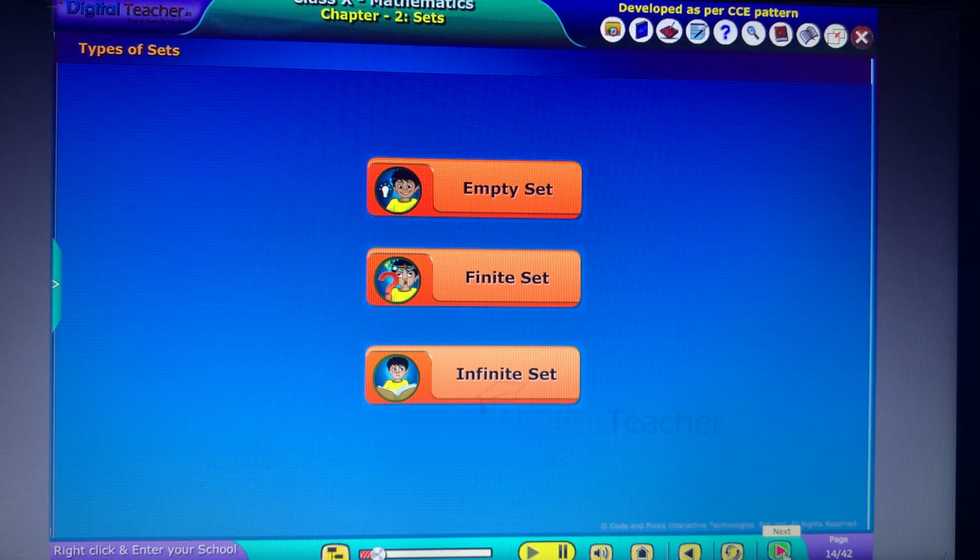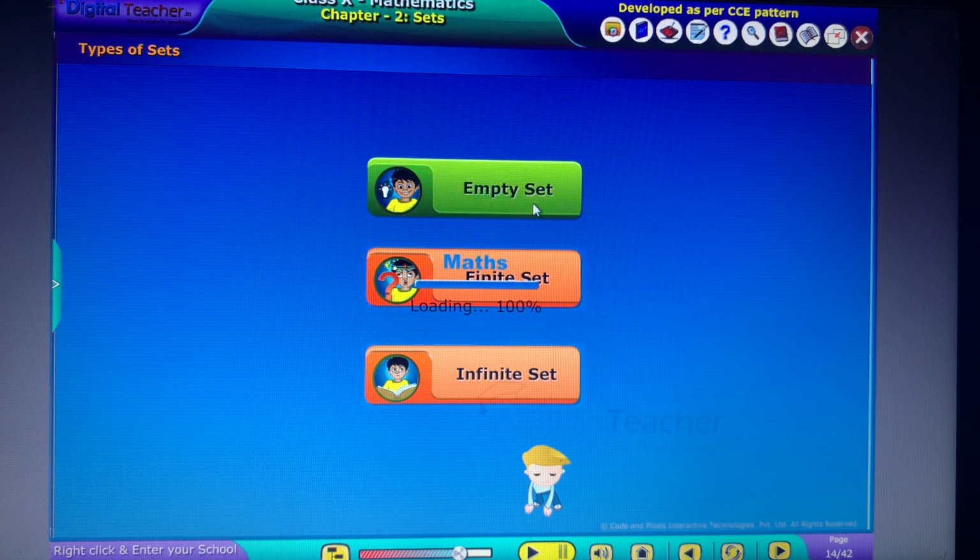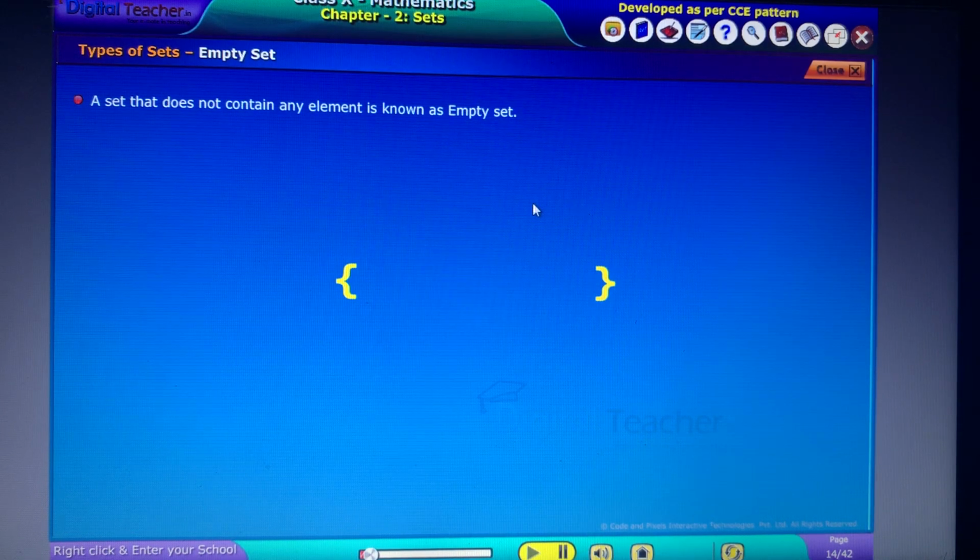Types of sets. The sets are classified into empty set, finite set, infinite set. A set that does not contain any element is known as an empty set.